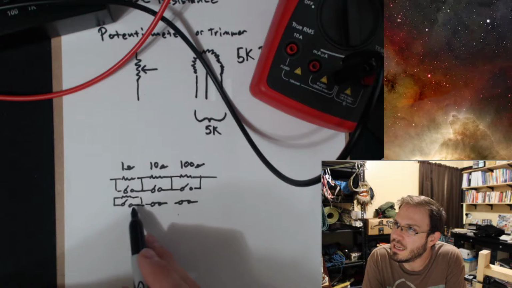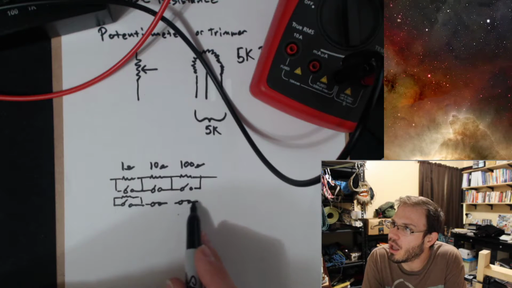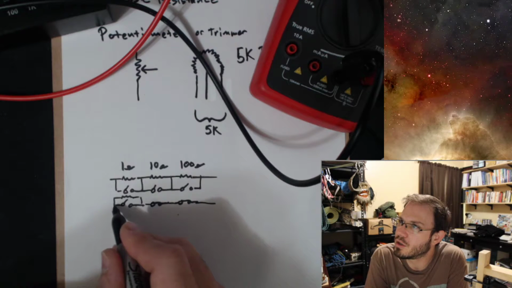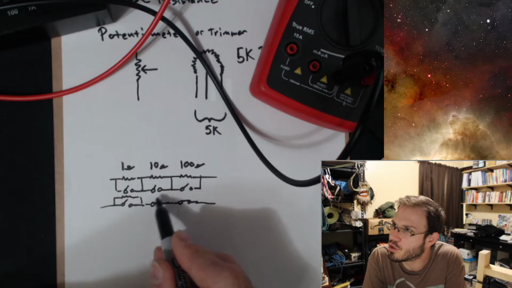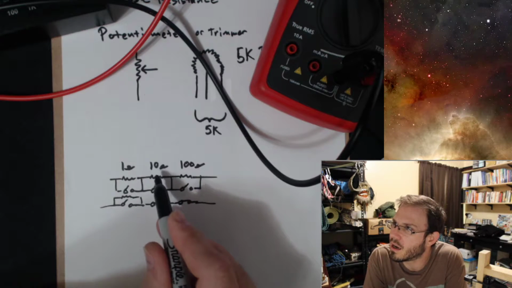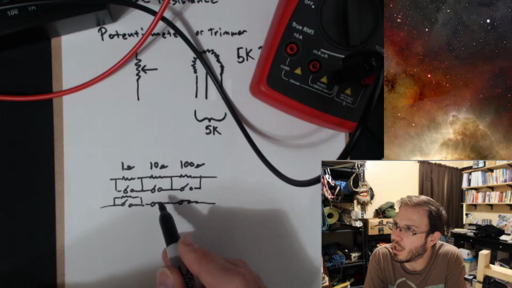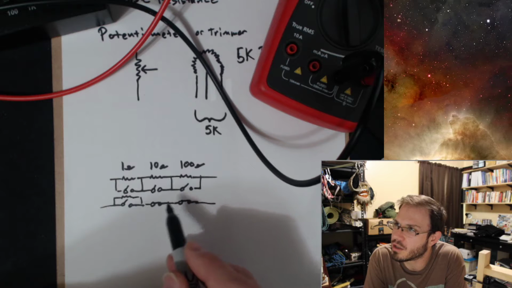I'm leaving only the 1 ohm resistor working, and all other ones have been disabled from one side to another. I didn't draw in the resistor over here. Just assume we have a 10 ohm and a 100 ohm in parallel with a short, and so they have effectively disappeared from our circuit.